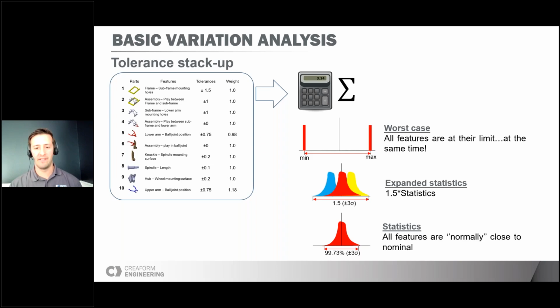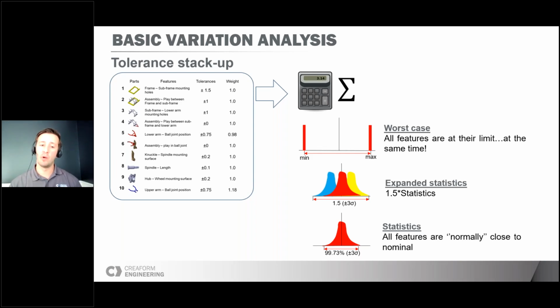In real life, there's a random behavior behind all this, and this is where the statistical approach is used. If you look down at the statistics, this sum takes the assumption that your parts will normally be close to the nominal, meaning that most of the parts will be really good, close to zero deviation, and few of them will be at the worst case.